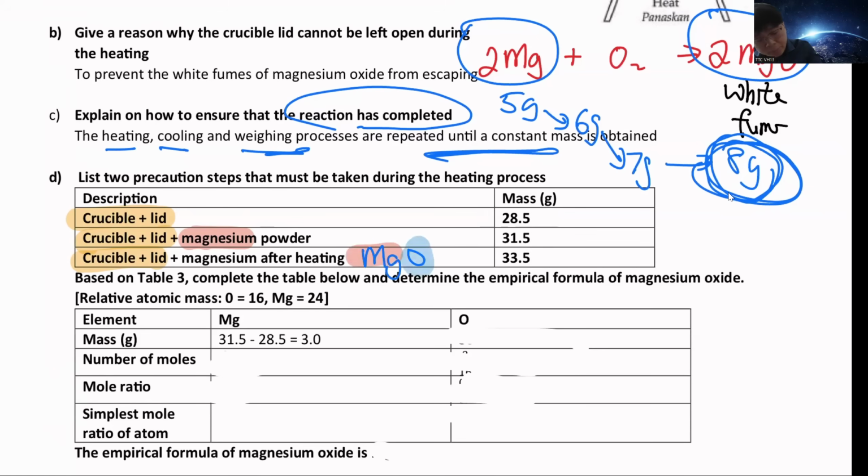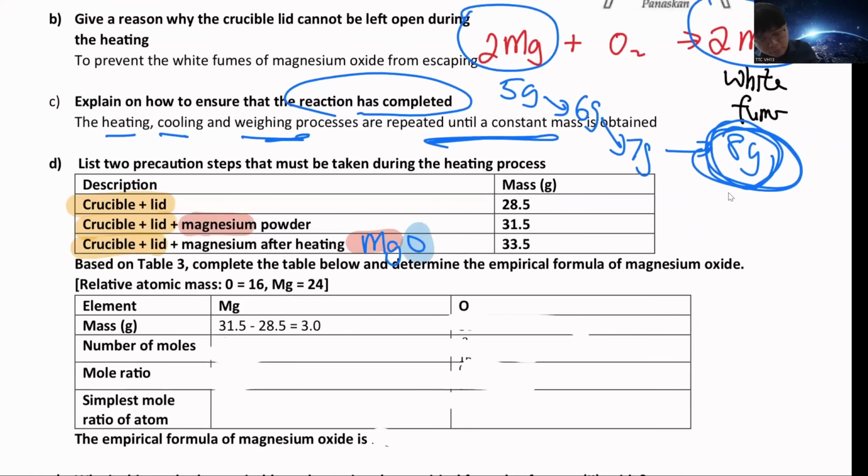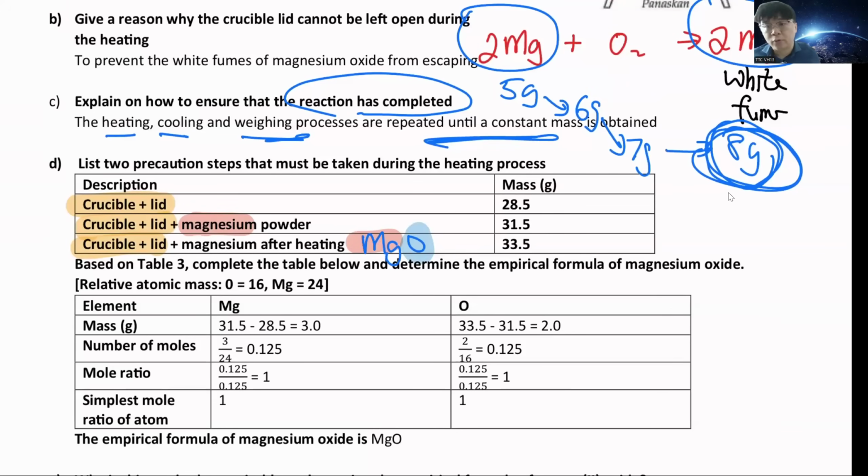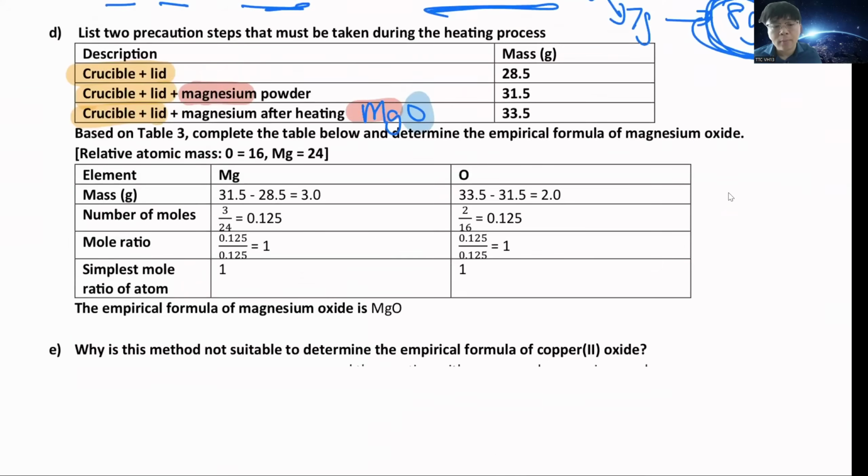Very simple. You take 33.5 minus 31.5, you'll get oxygen. Then divide by the molar mass. Oxygen is 16, magnesium is 24. Divide by 24, divide by 16. Then divide the ratio by the smallest ratio. You get the ratio 1 to 1. So the empirical formula is MgO.